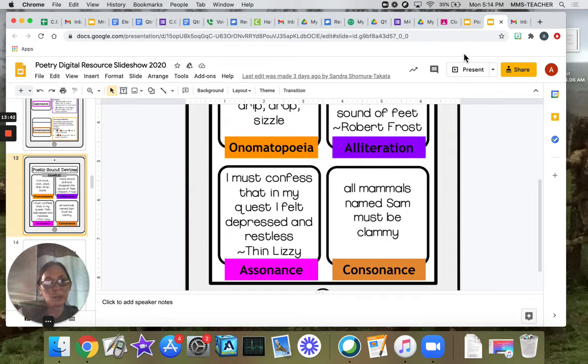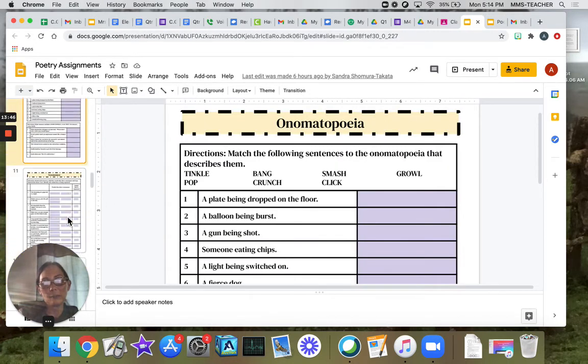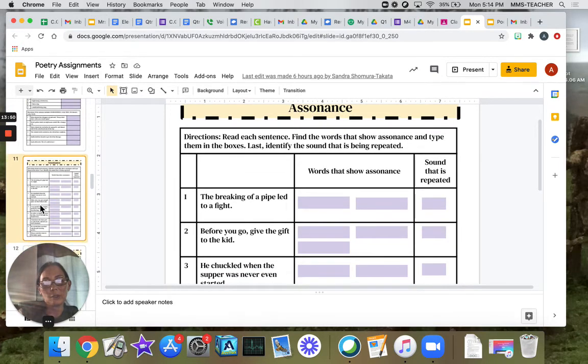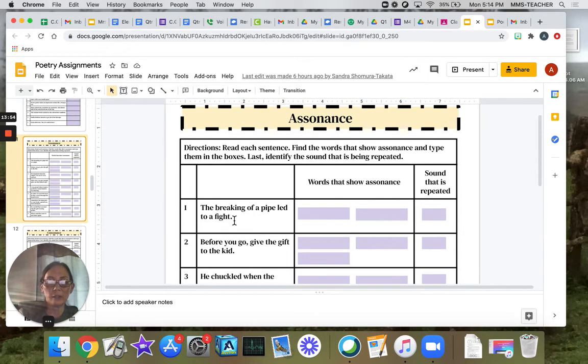So in your assignments on Monday, you have 2 slides to do, slides 11 and 12. For 11, it's your slide for assonance. It says read each sentence, find the words that show assonance and type them in the boxes. Last, identify the sound that is repeated.